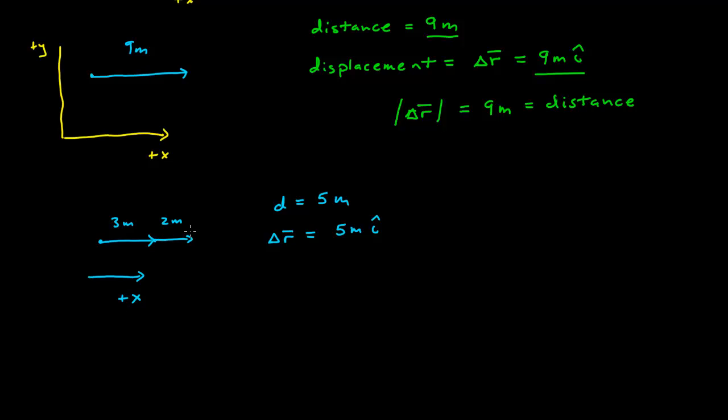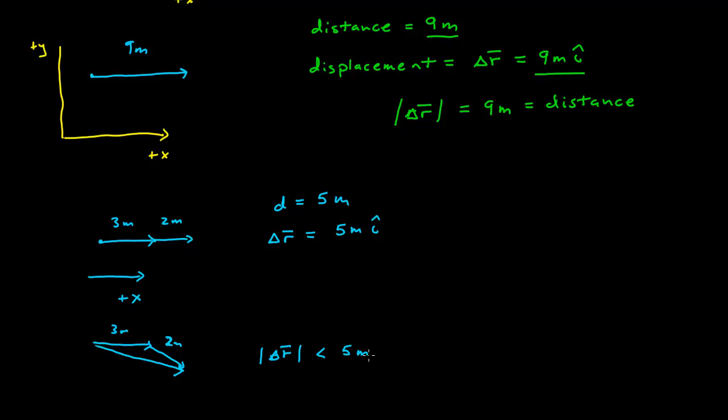But if that 2 meters were in any other direction, slightly different than along the same line, then the magnitude of the displacement will be less than 5 meters.